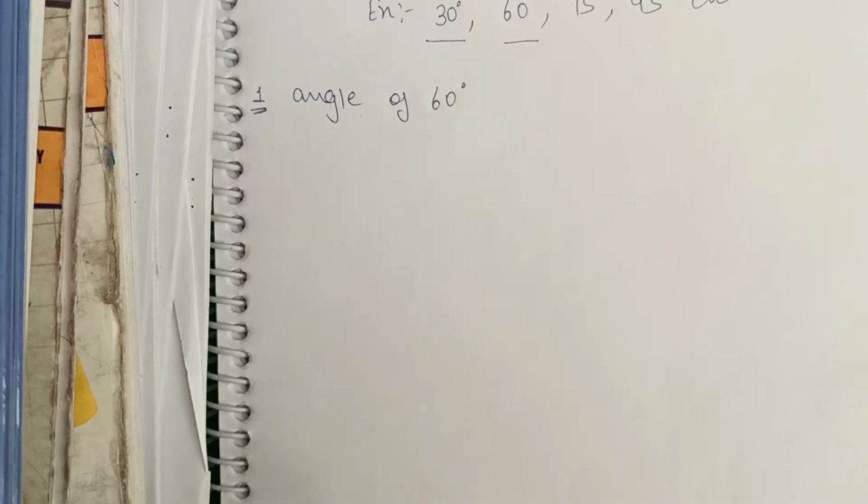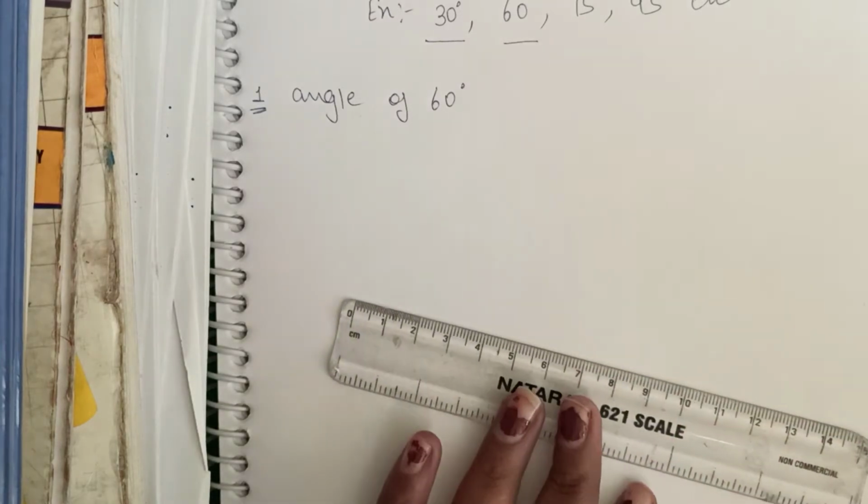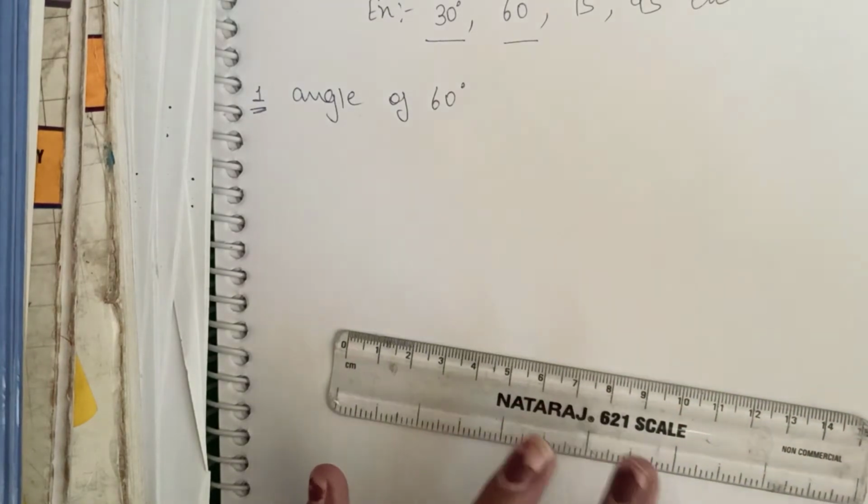In the angle process, if you forget one step or one arc, then the complete angle will be wrong. Right? So now, first the angle of 60 degree. What you have to do?